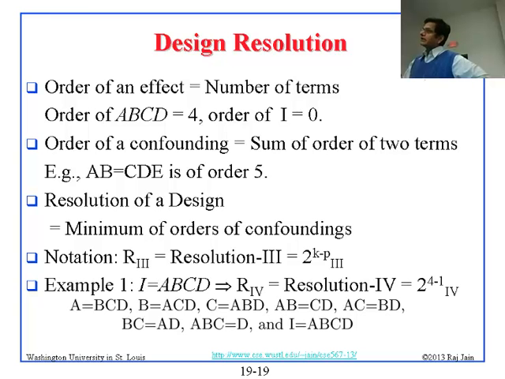So the minimum of these confoundings is the resolution of the design. So for example, this design, if you were to see, this is order 4, everything is 4. The minimum is 4. And therefore, this is a resolution 4 design.